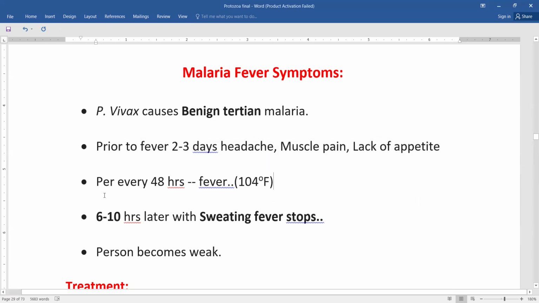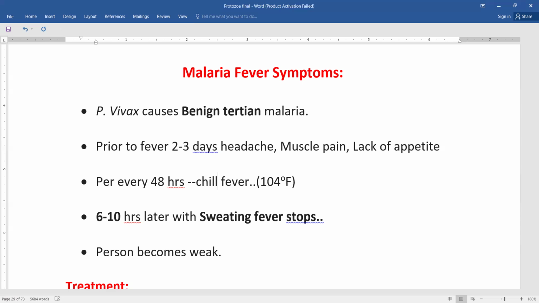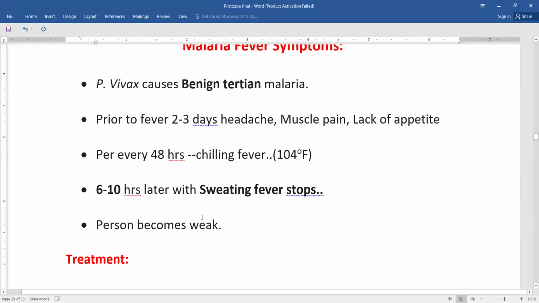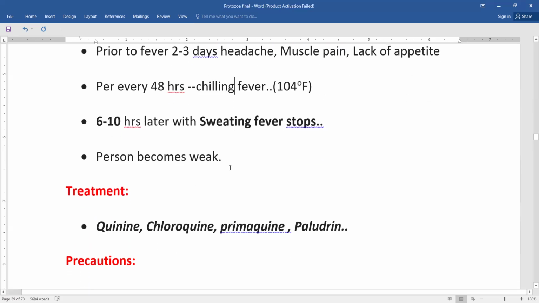Whenever this fever occurs, it is repeated every 2 days or 48 hours, and the fever is very high, a chilling fever. After 6 to 10 hours of fever, the fever is reduced and sweating occurs. Due to the malaria the person becomes very weak.